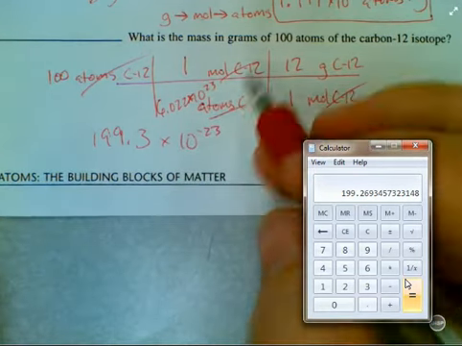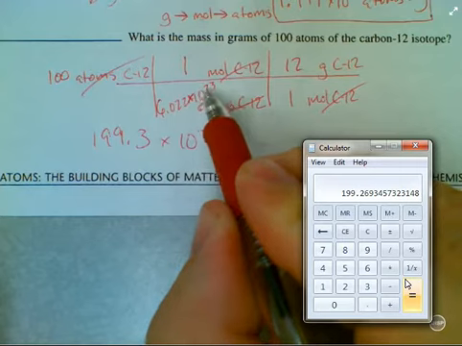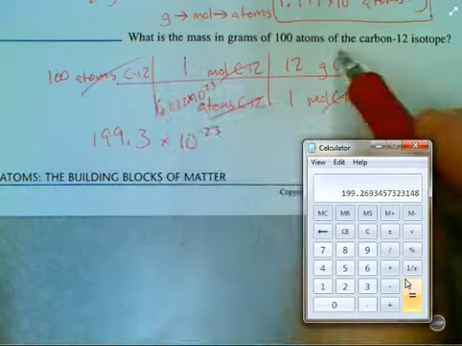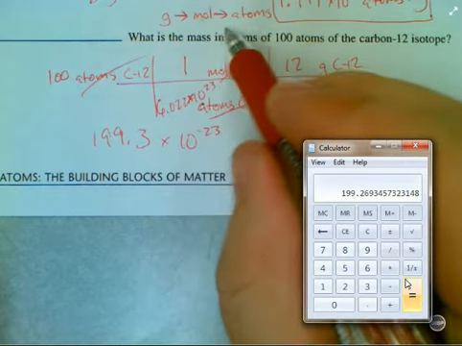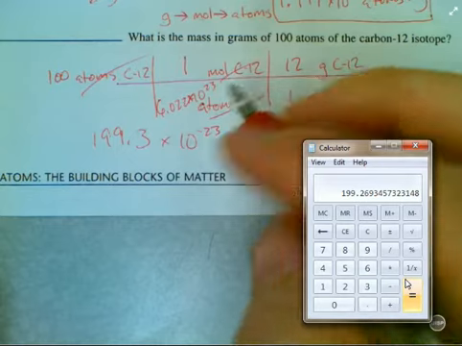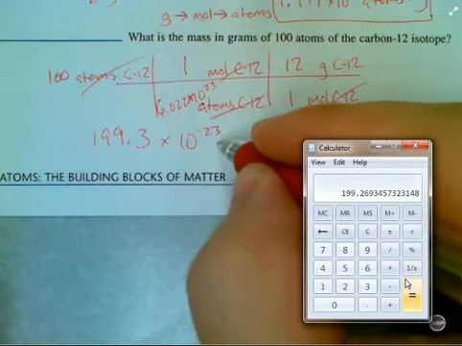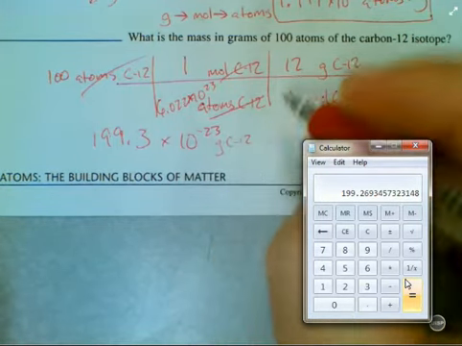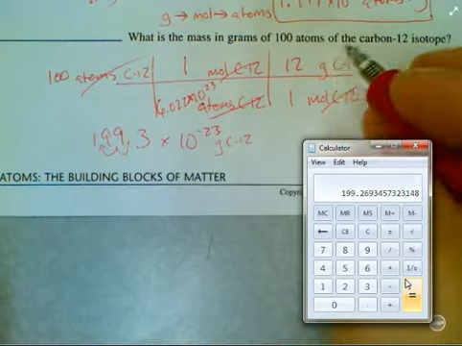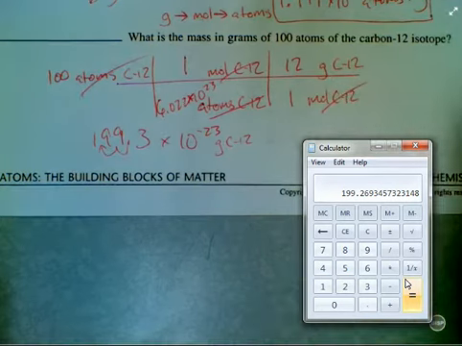Why is it times 10 to the negative 23? Because my exponent here, the 23, is on the denominator, and there's no exponent on the numerator. So I'm going 0 minus 23, which is negative 23. Now, I'm not done here yet, even if I write grams of carbon-12. It's because this is not in proper scientific notation. I would need to move that decimal 2 places to the left in order to accomplish that.